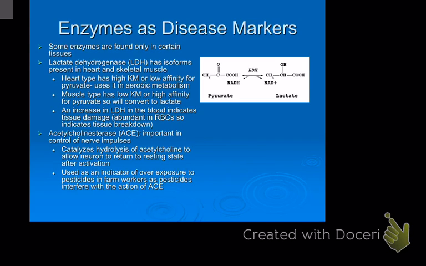The reason they can tell the different isoforms is that they have different KMs. They do the same reaction, because dehydrogenase, does anyone remember what kind of reactions dehydrogenases are? Not necessarily just taking hydrogen off and putting it back on.